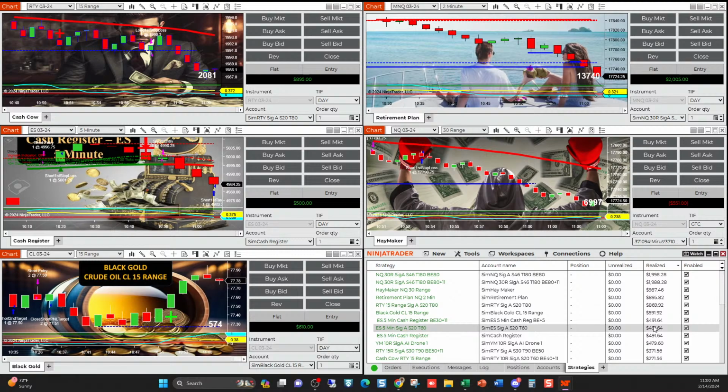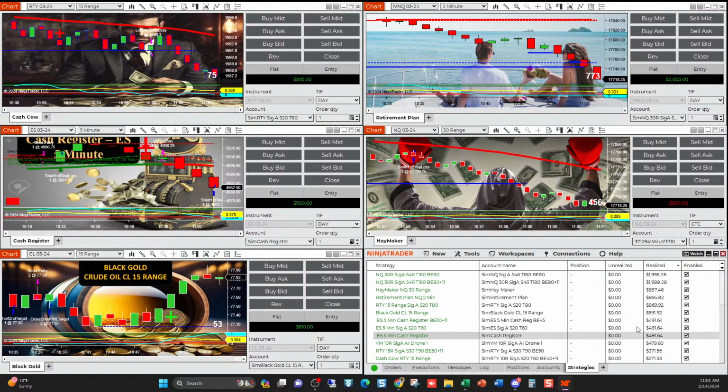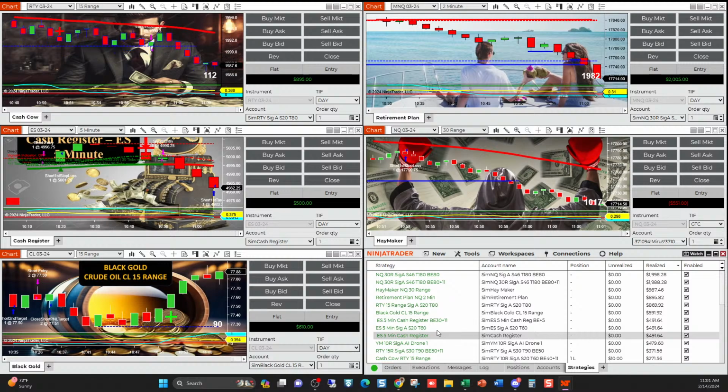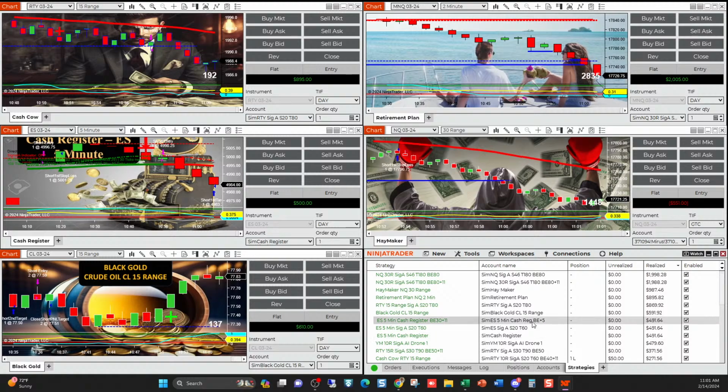So this is one that was doing really well for a long time too, this ES Signal A 2060, and that's what the cash register is. Just changed it to that a week or two ago. You can see those two are tracking. They're the exact same strategy. This one's the exact same also, except this one we have break even plus 5.